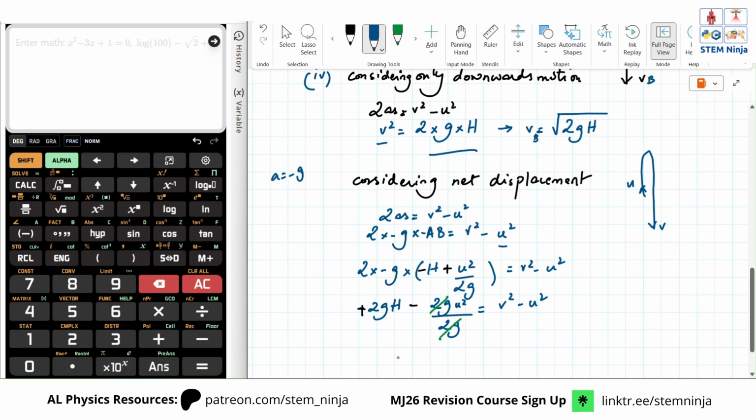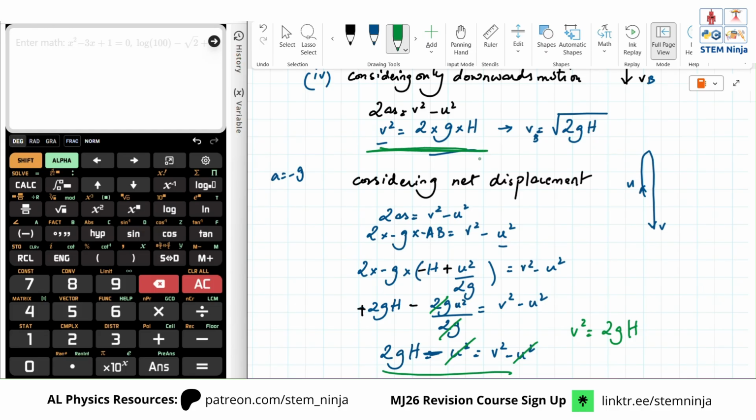So we are left with 2g capital H equals minus u squared equals v squared minus u squared. Notice that u squared gets cancelled, leaving us with v squared equals 2gh, exactly what we had over here.